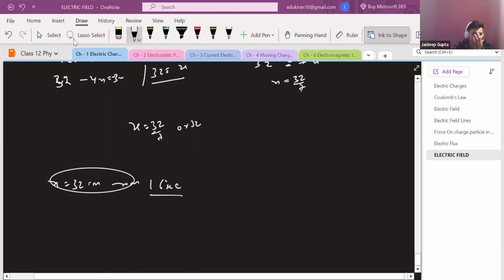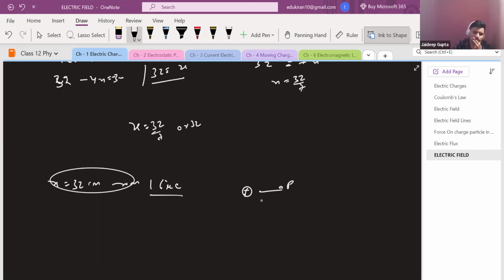Okay. Electric field is a vector quantity. What is the direction? If it is a positive charge, what is the direction of the electric field at point P? Towards it or away from it? Away from it. Away from the point or away from the charge?